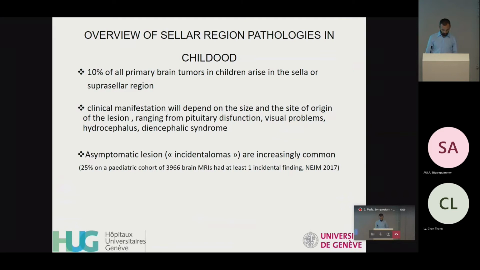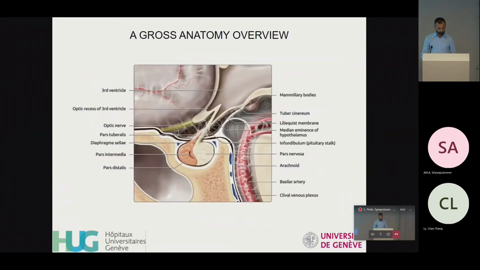Now, to have an idea of how to classify these sellar pathologies, I would start from anatomy, which always helps, as in the anatomy of the site of origin of these lesions. Lesions can arise from a specific compartment and extend to other compartments.